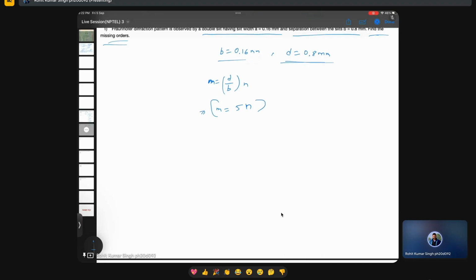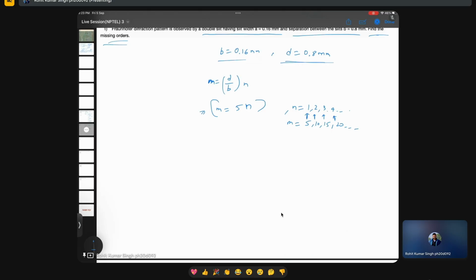Now for n equal to 1, 2, 3, 4, 5 and so on, what will be m? 5, 10, 15, 20 and so on, right? So the fifth order interference maxima coincides with the first order minima, the 10th order with the second order diffraction minima, and so on.